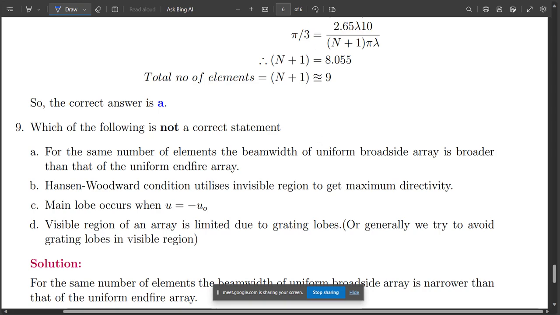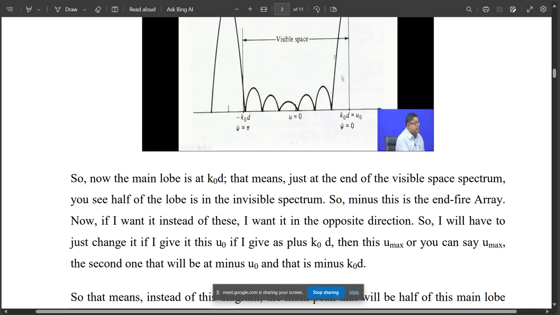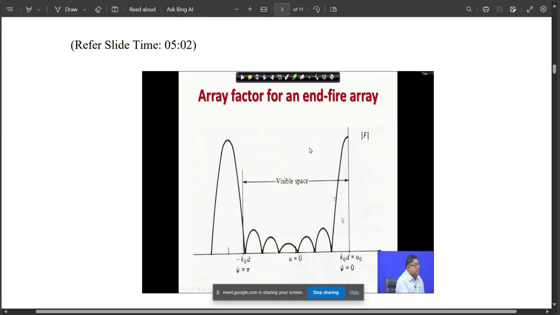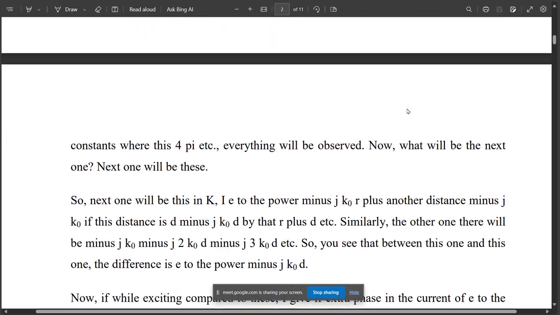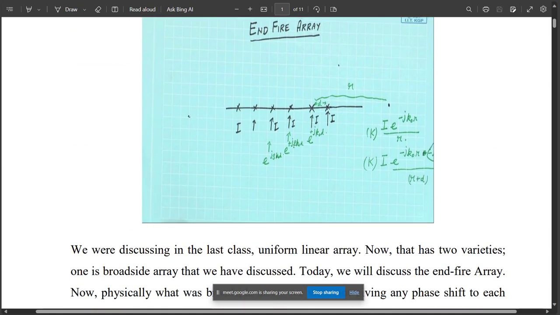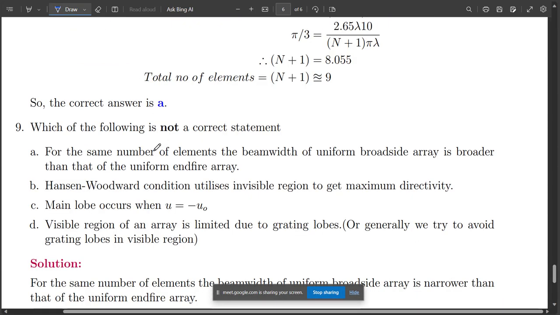This has been discussed with you in the lecture, right? In array factor, in lecture number 20, it would have been discussed with you that the beamwidth of a uniform broadside array is generally narrower than the uniform endfire array.